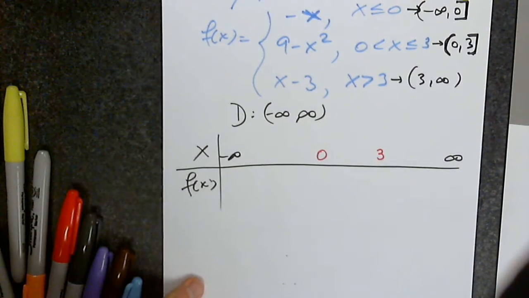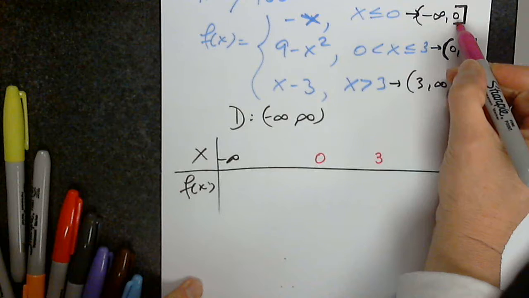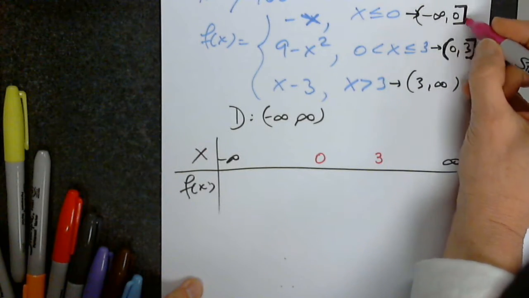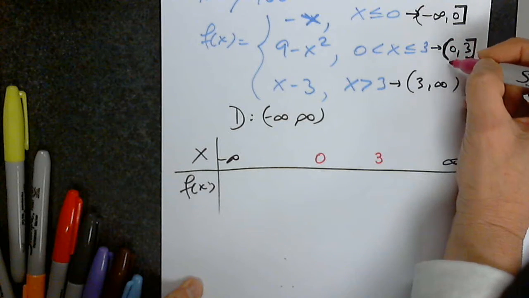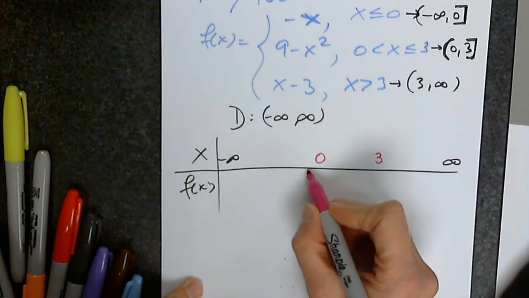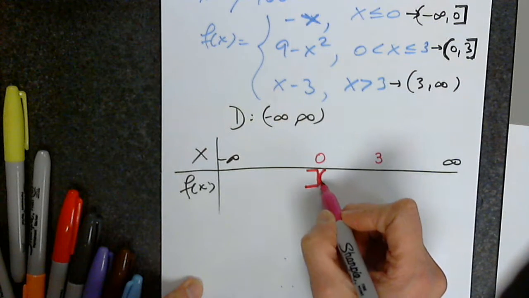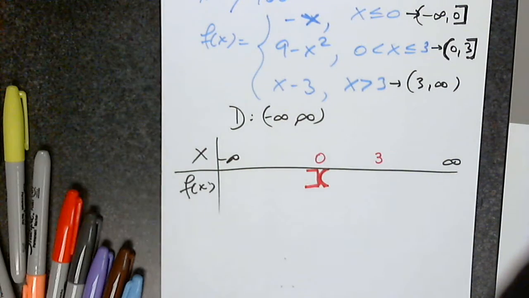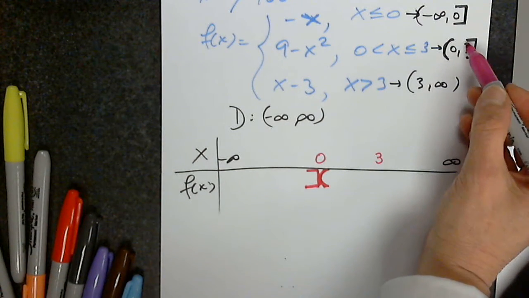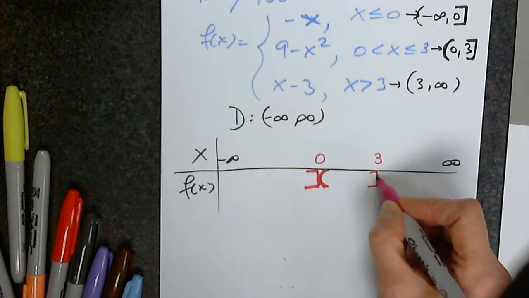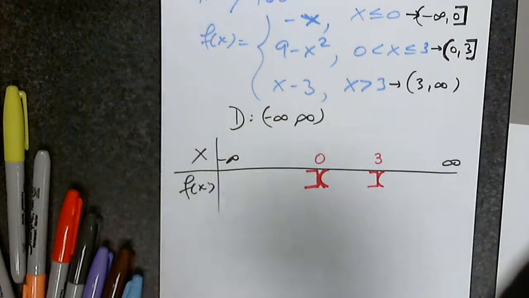My next step is immediately under 0: I will have a bracket facing left and a parenthesis touching, facing right. I will do absolutely the same for 3, a bracket facing left and a parenthesis facing right, touching, of course, because there is no gap.